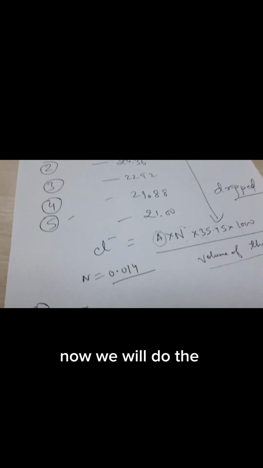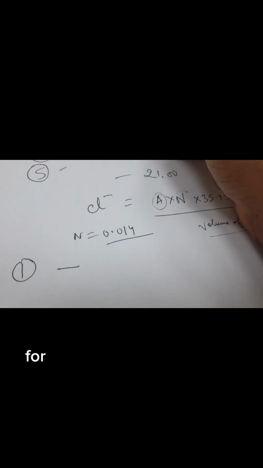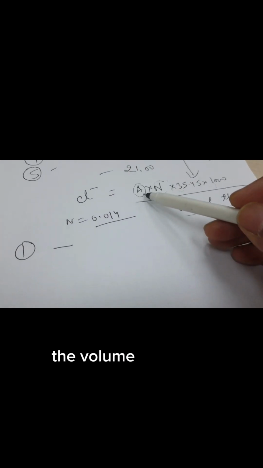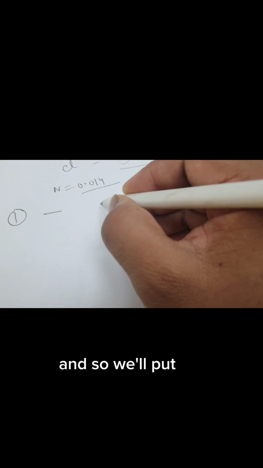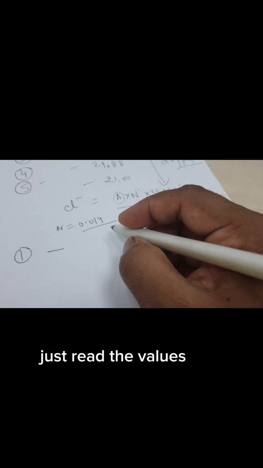Now we will do the calculations for all 5 samples. You can see the formula: the volume of titrant consumed, and this is the normality of the titrant, which is 0.014. We just feed in the values.